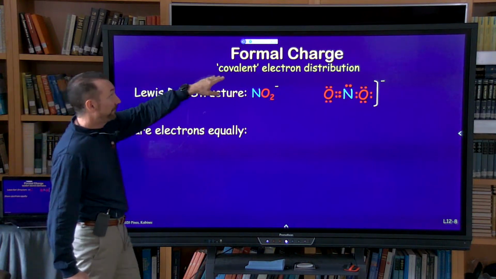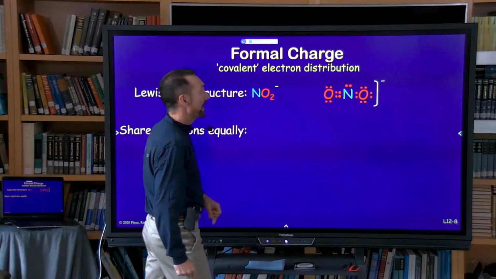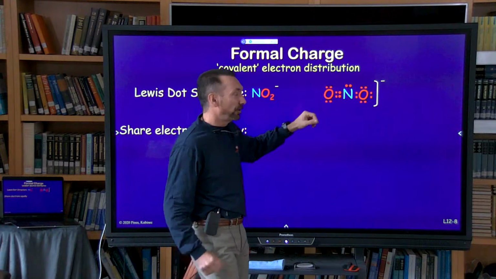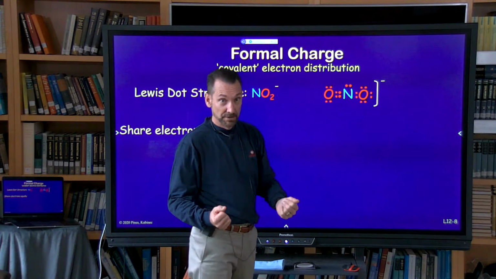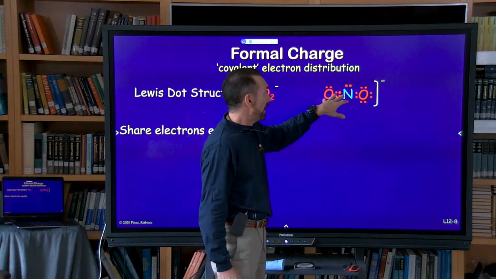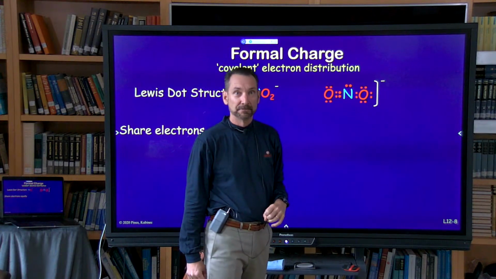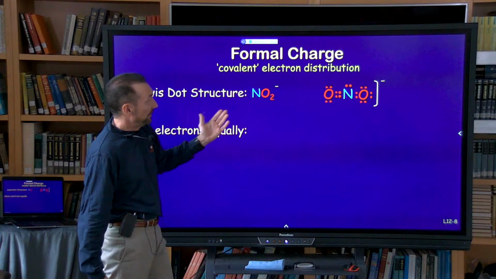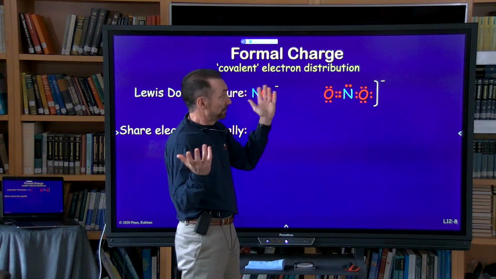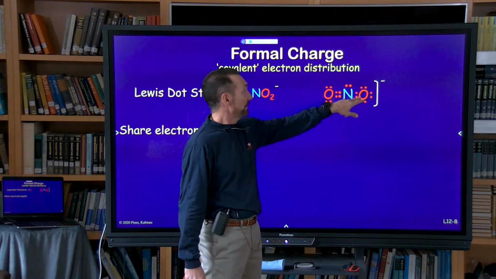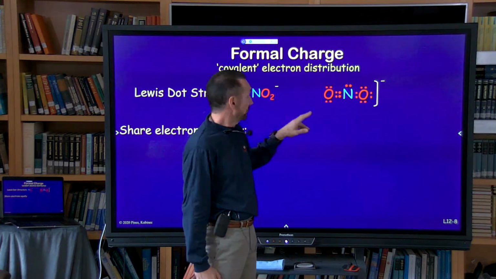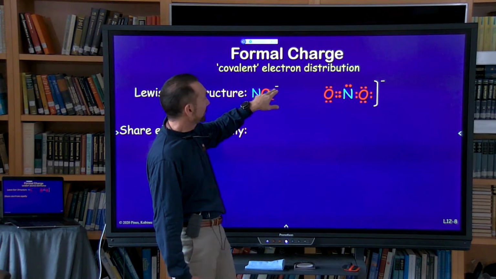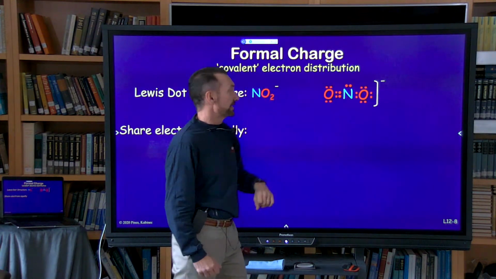But we can formally draw it out, and we can say, what's the full formal charge on each atom? We define this by doing a little formulaic work. We write the Lewis dot structure. This one, I count up all the valence electrons and add 1 because it has a negative charge.